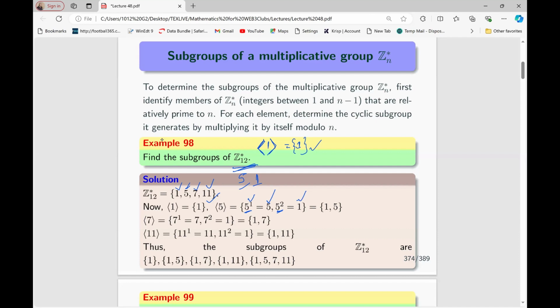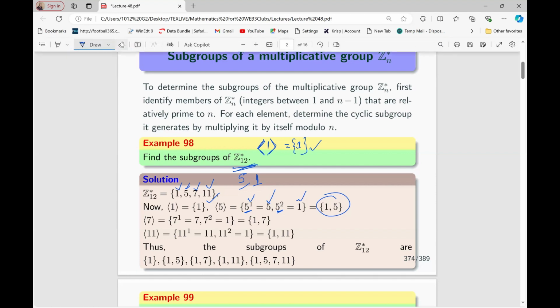So that means 5 generates this subgroup. That is another subgroup. So far, we've established 2 subgroups. The first subgroup was the one that has the identity element 1 generated by 1. And the other subgroup is now this.